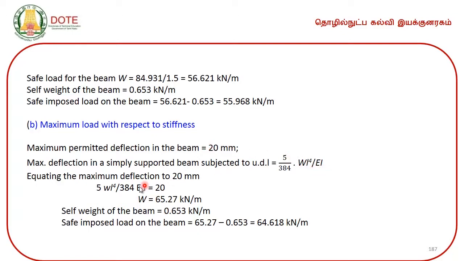Equating the theoretical deflection to the limiting deflection given in the problem, the design load is found to be 65.27 kilonewton per meter. I am sorry, it is not design load, it is a serviceability condition. So, it is a working load. So, 65.27 kilonewton per meter, and from this deducting the self weight of the beam, safe imposed load on the beam is found to be 64.618 kilonewton per meter. This is with respect to stiffness consideration.